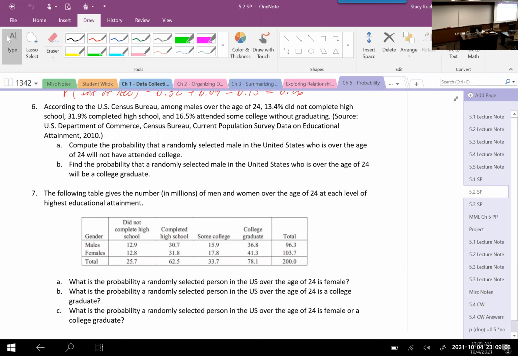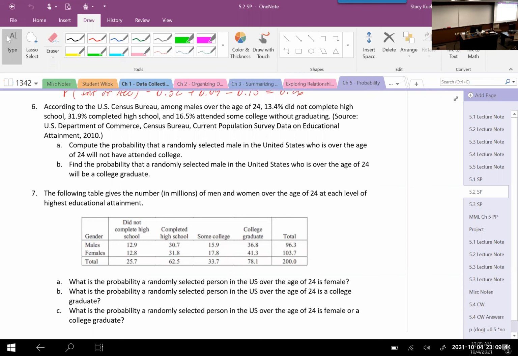What are you looking for? What's the probability? So no college, we'll just make it short. What's the probability of no college? Should we write that down? Capital P for no college. So the first percent you have, what does that represent?